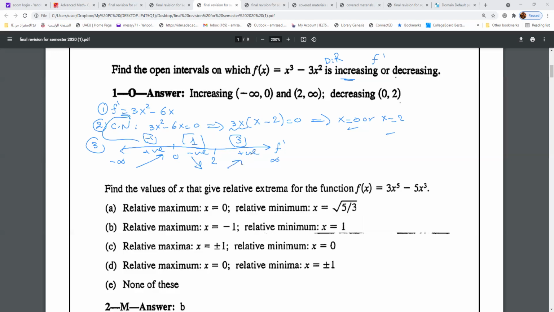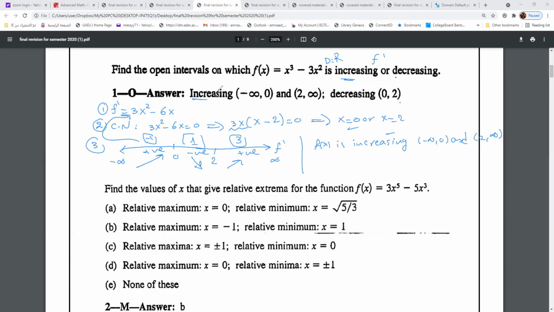According to the theorem, we have a relationship between the behavior of the function and the sign of the first derivative. So in this case, f of x is increasing on the intervals which are what? Negative infinity to 0 and 2 to infinity, as in the given answer.